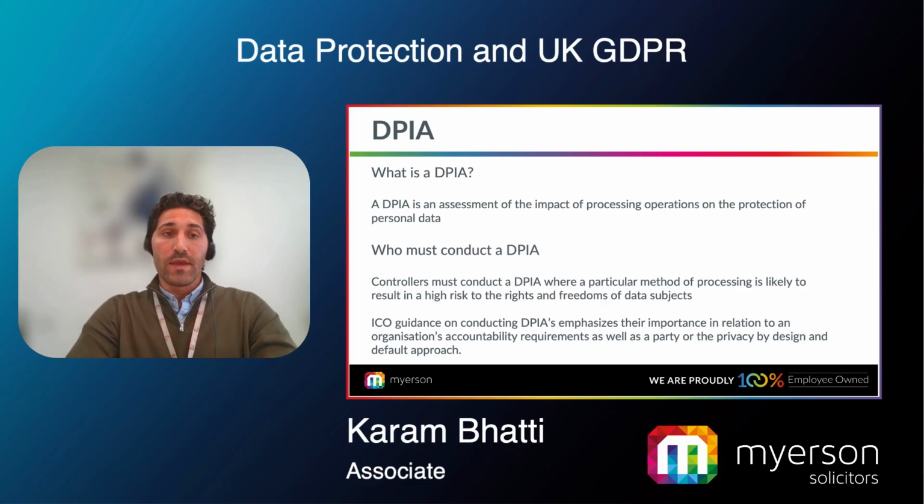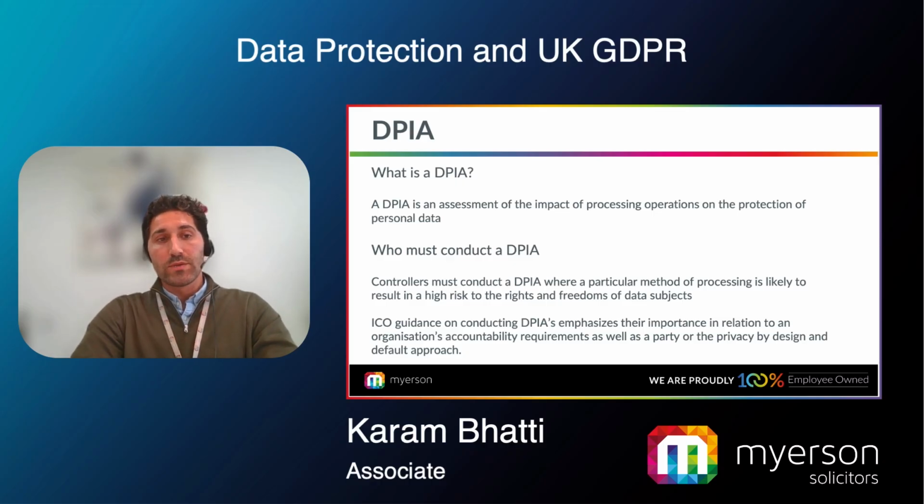Notwithstanding this, DPIAs are not just a compliance exercise. An effective DPIA will also allow you to identify and fix problems at an early stage, bringing broader benefits for both individuals and your organization. So who should carry out DPIAs?